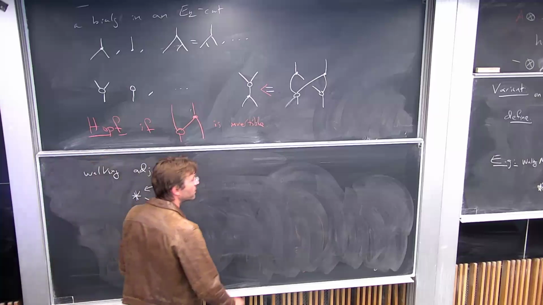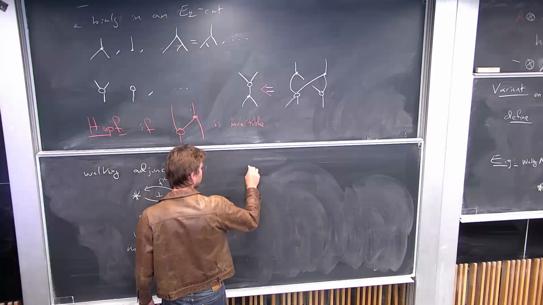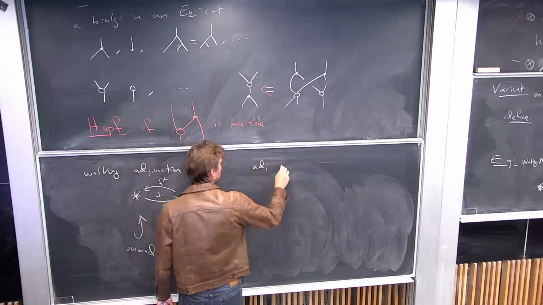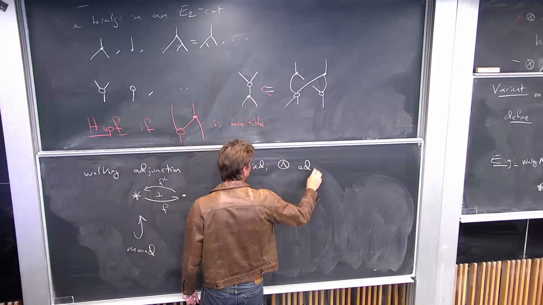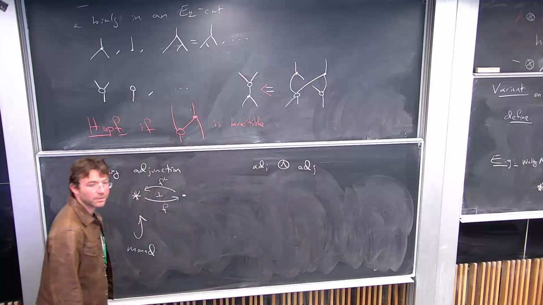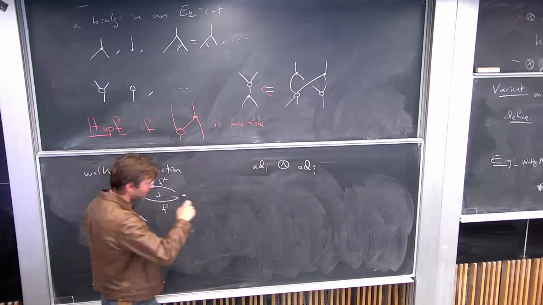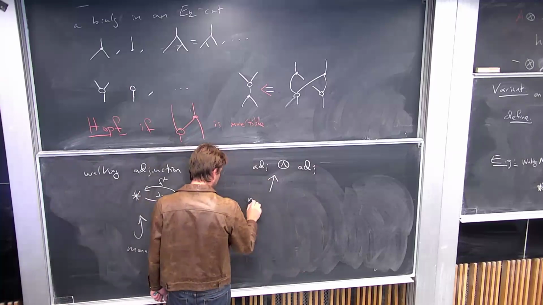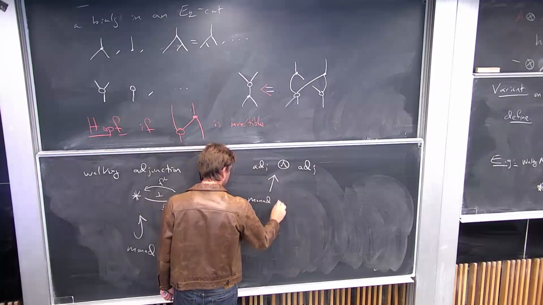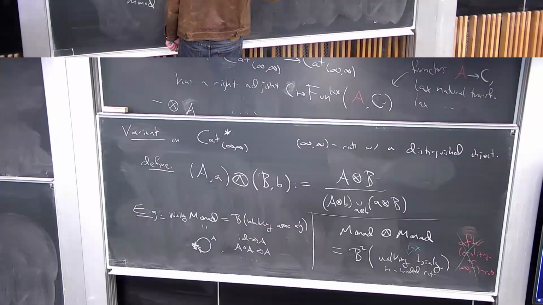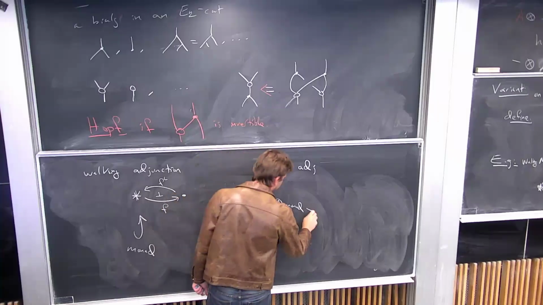And then what we show is that if you take adjunction smash adjunction, so okay, now here's what we actually did. We computed adjunction smash adjunction. So this has a map to monad smash monad. I told you that this guy is a bialgebra.